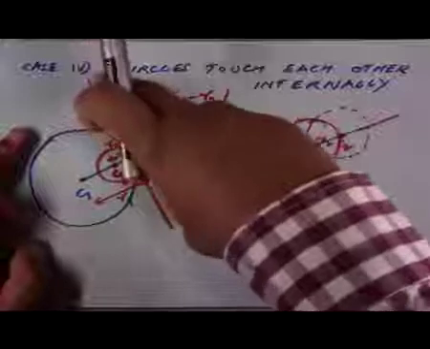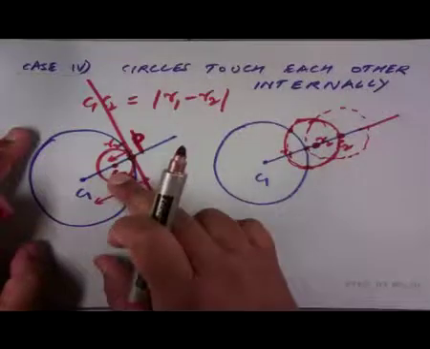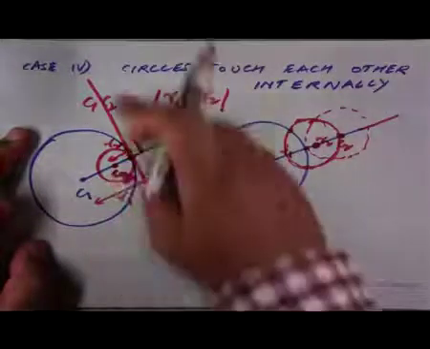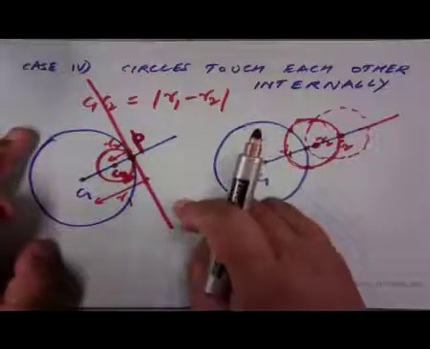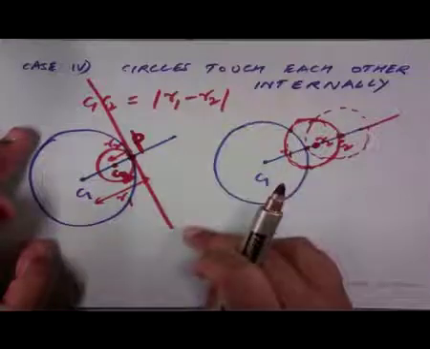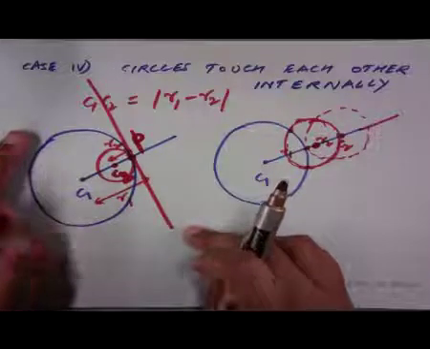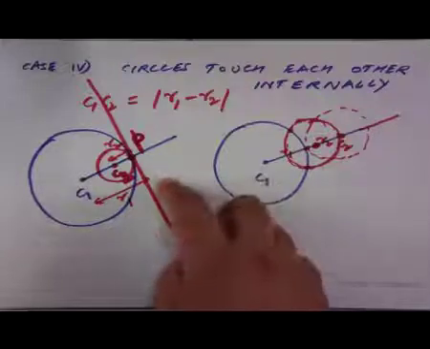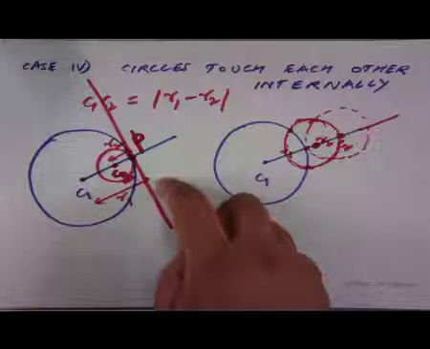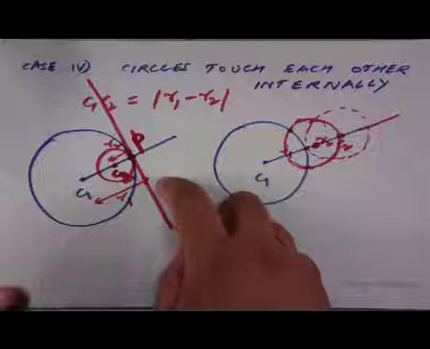So, in this case there will be no transverse common tangents, just a unique direct common tangent, whose equation is not very difficult to find. We will again have to use the analysis for the direct common tangent that we saw in the previous lecture for the first case.